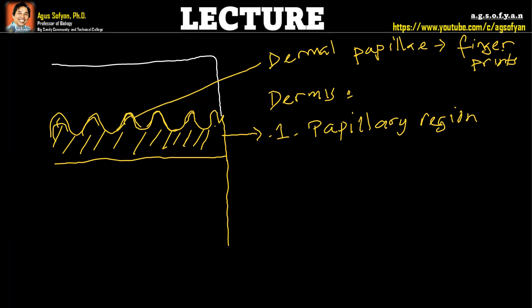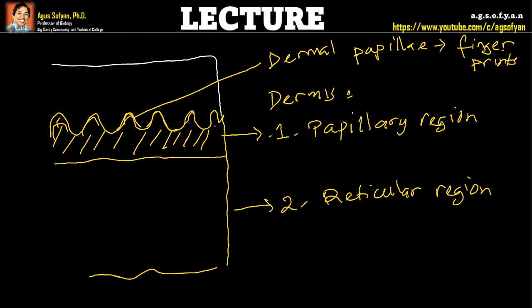And the second layer of the dermis, which is the thicker layer, is called the reticular regions. So again, if it is thin skin, then the hair will be growing from this reticular regions.